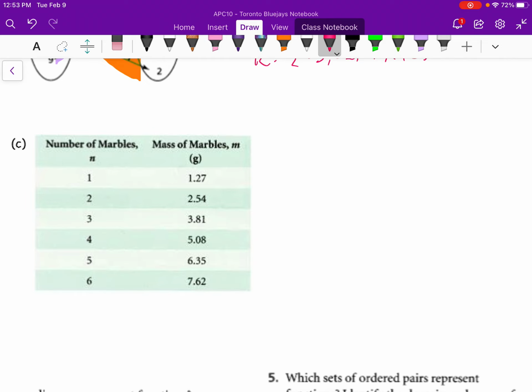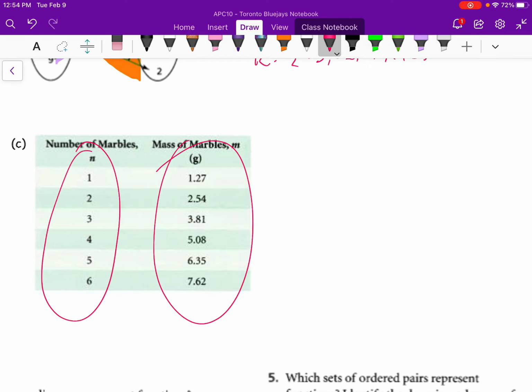All right, is this a function? Well, I'm just going to put these in brackets here and see what happens. I have number of marbles and the mass. The relationship that exists is that one marble has a mass of 1.27. 2 marbles have a mass of 2.54.